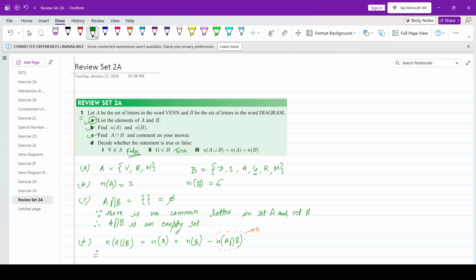So we can say the number of elements in A union B is equal to the number of elements in A plus the number of elements in B. And this statement here is true.